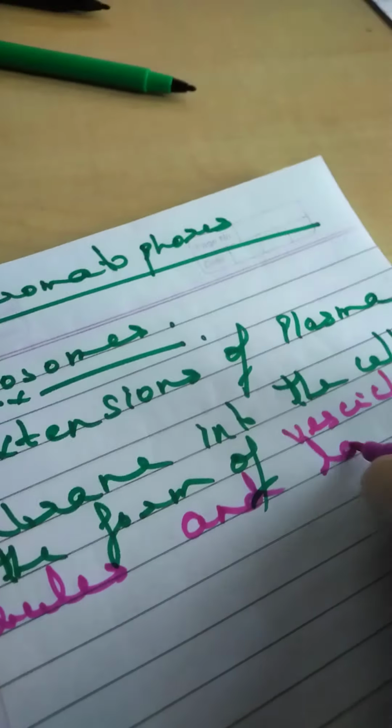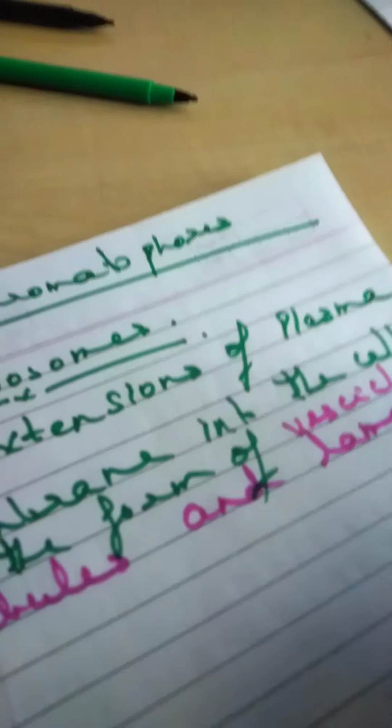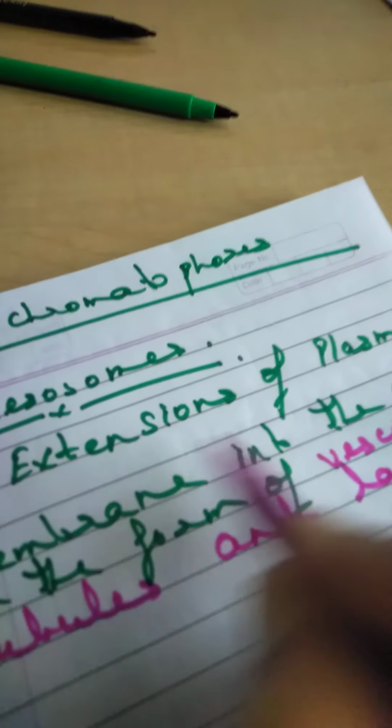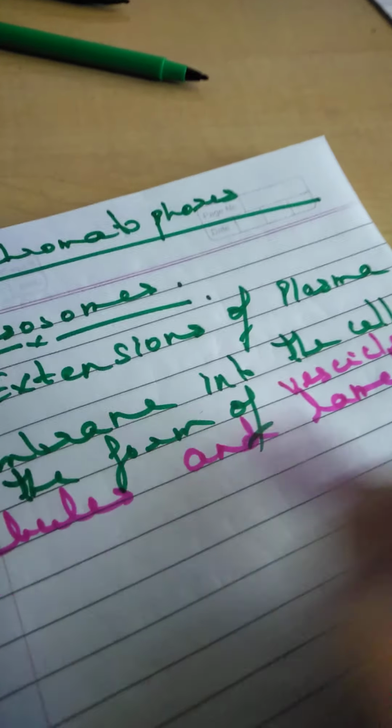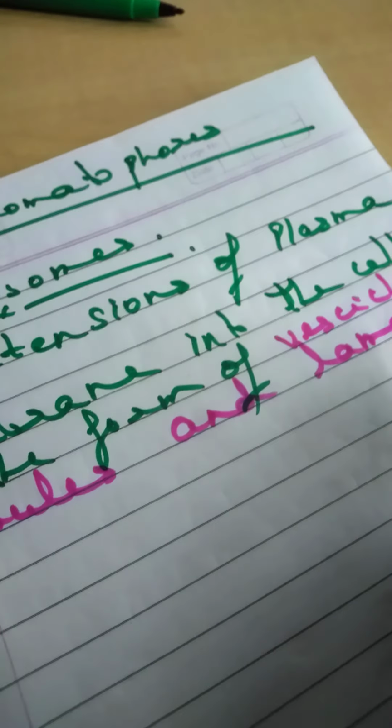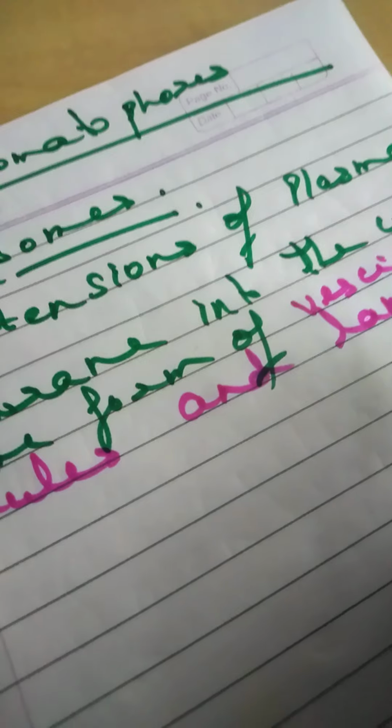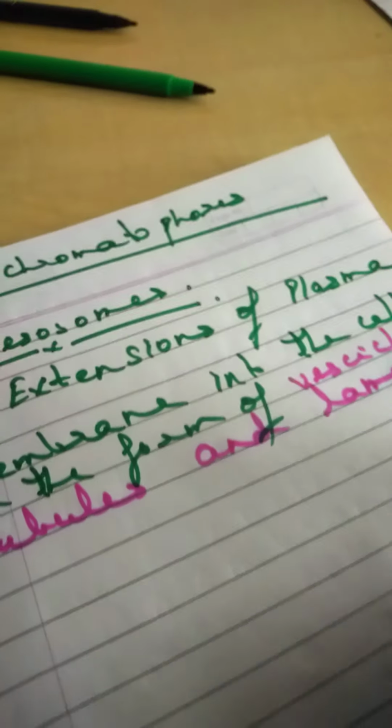Mesosomes are equal to mitochondria in eukaryotes.